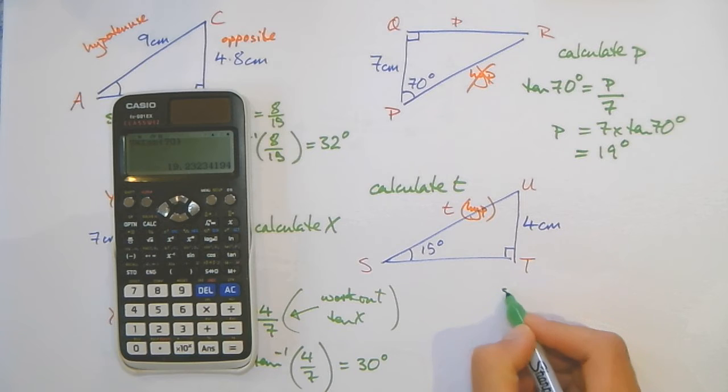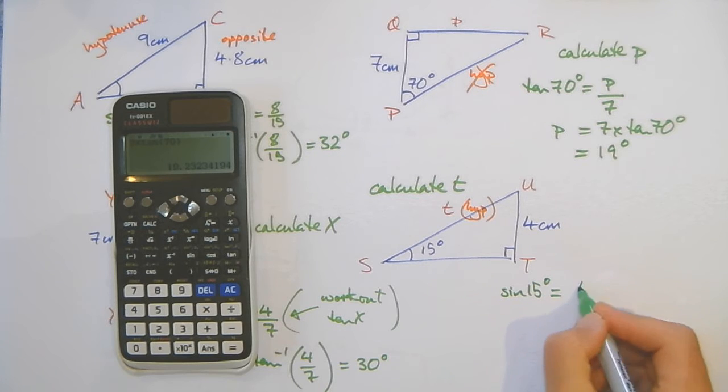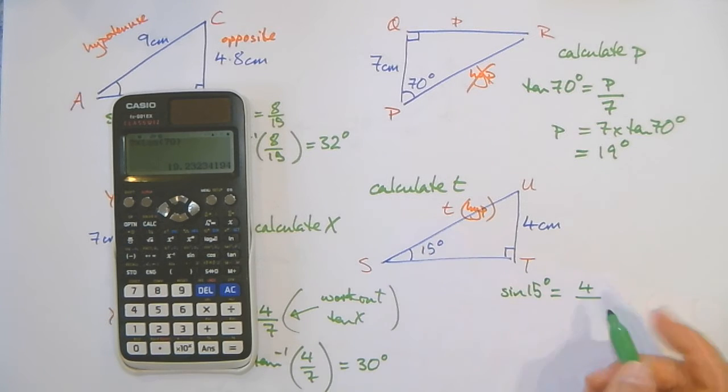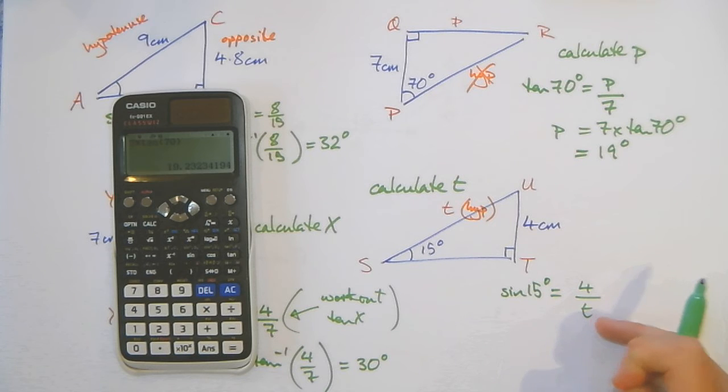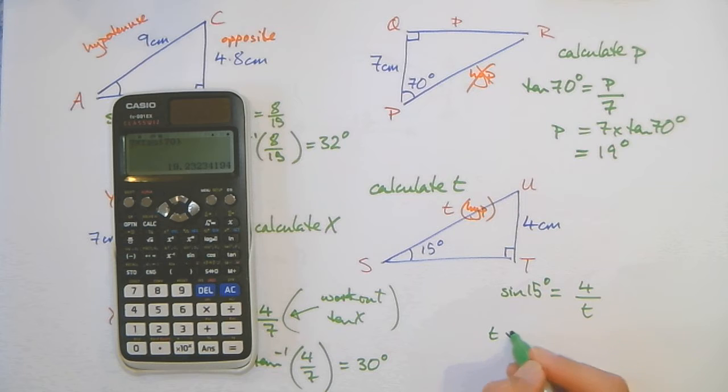So we start with sine of 15 is equal to this side divided by the hypotenuse. That makes it a bit more awkward. What we want to find is in the denominator. So I'm going to put this up to this side. I'm going to cross multiply.